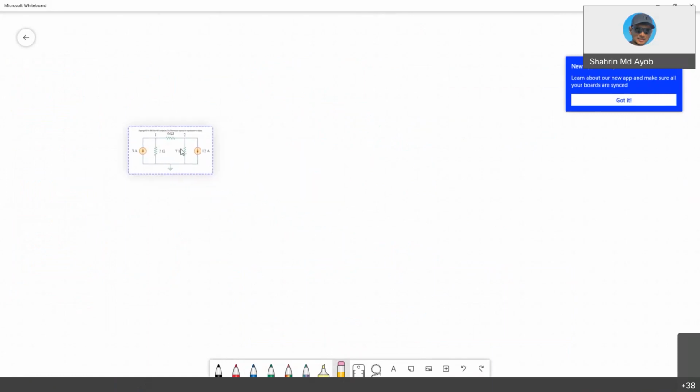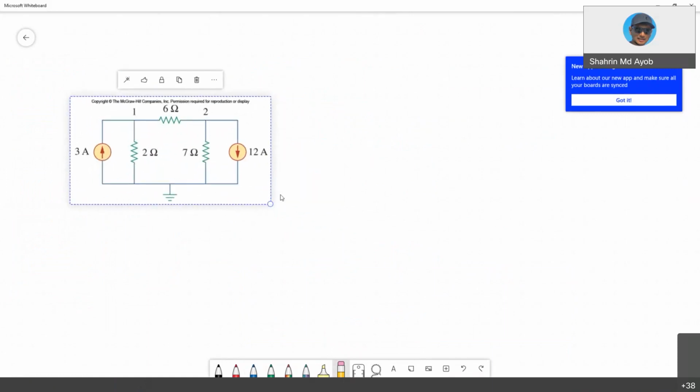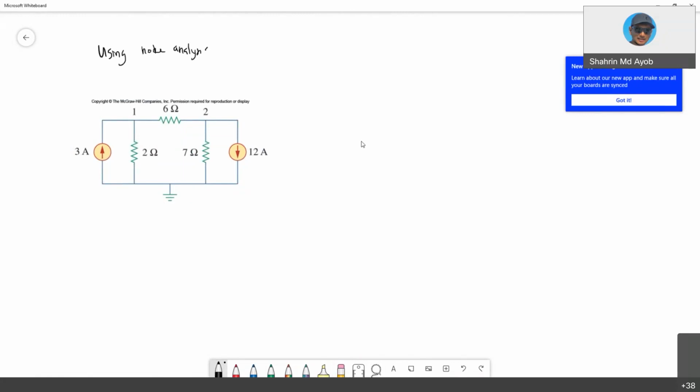Okay, this is the question. This is the circuit. So let's try, for example, using node analysis, find Vx.